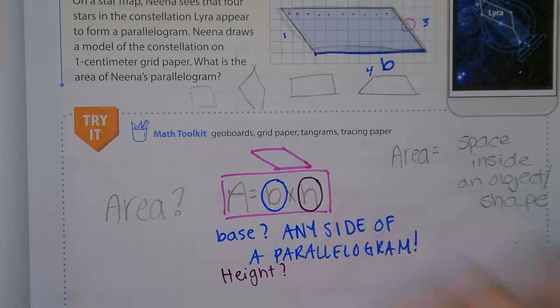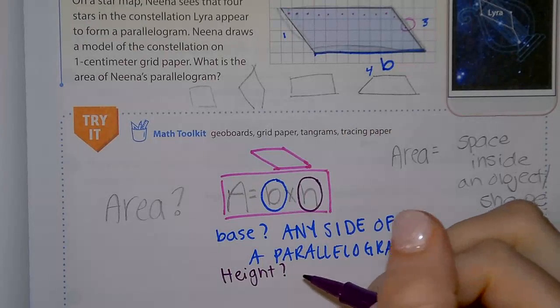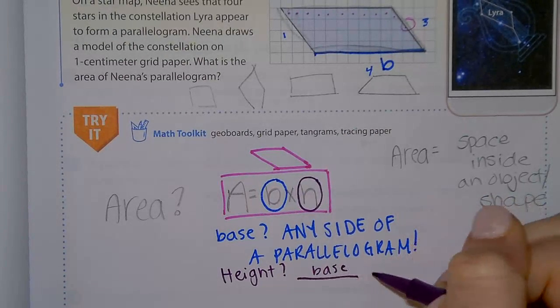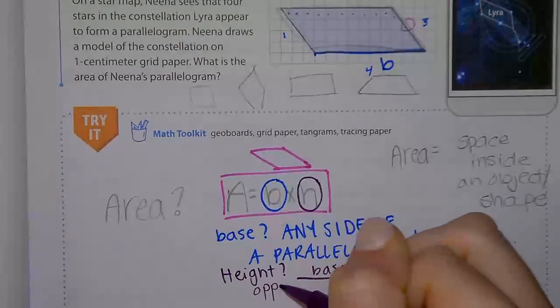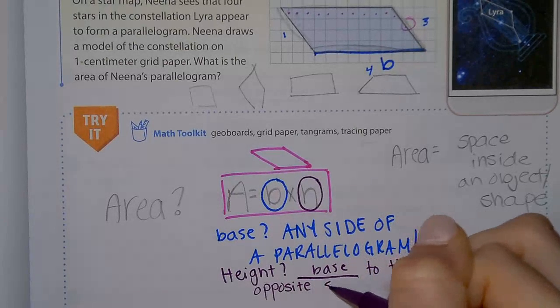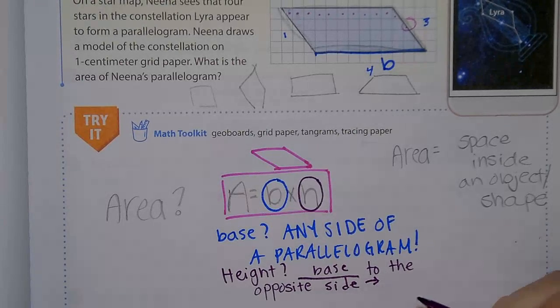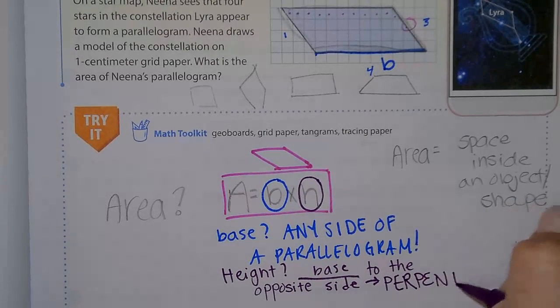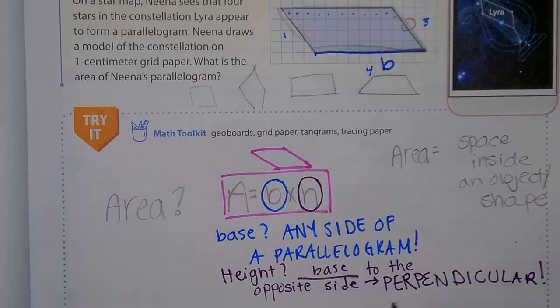So what do we know about height? I know that height is formed by going from the base of my parallelogram to the opposite side. But don't forget there's a catch. The lines must be perpendicular.